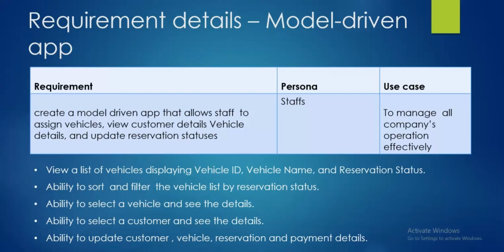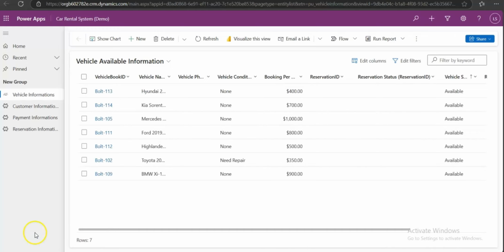So we are going to look at how we built our model-driven app to manage the company's operation effectively. This is our model-driven app. It is built around our data model in the Dataverse. We can see the Dataverse tables we created: vehicle information, customer information, payment information, and reservation information.